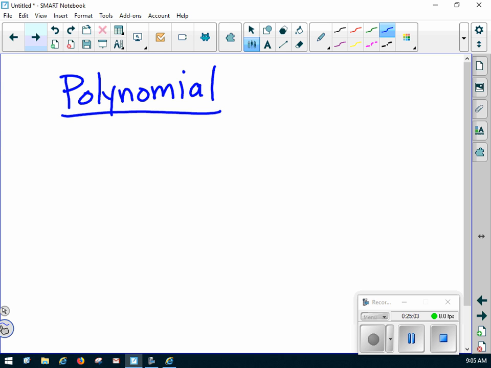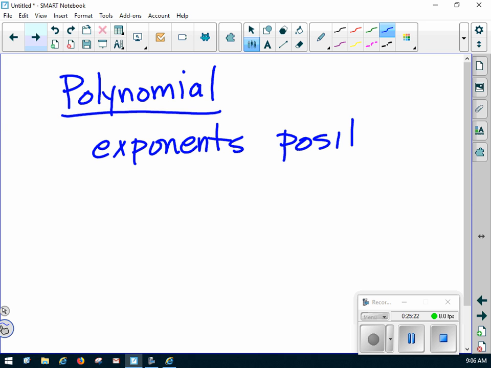A polynomial could be a monomial, a binomial, a trinomial. Any polynomial has exponents that are positive integers.